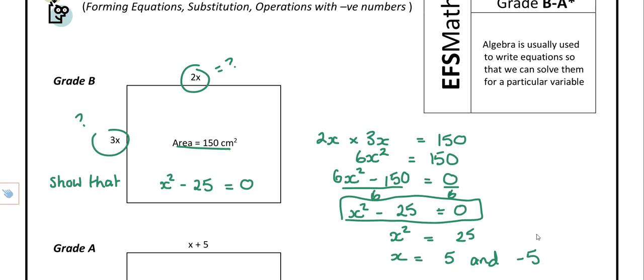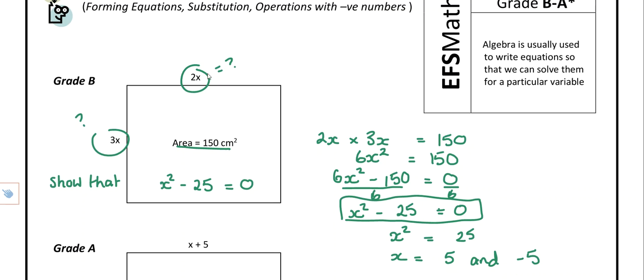If it was negative, what would it look like? It wouldn't look like anything, would it? Now, sometimes, everyone, you've got to check, because sometimes the negative x, depending on what happens to it, might end up being a positive dimension. So we'd have to check.